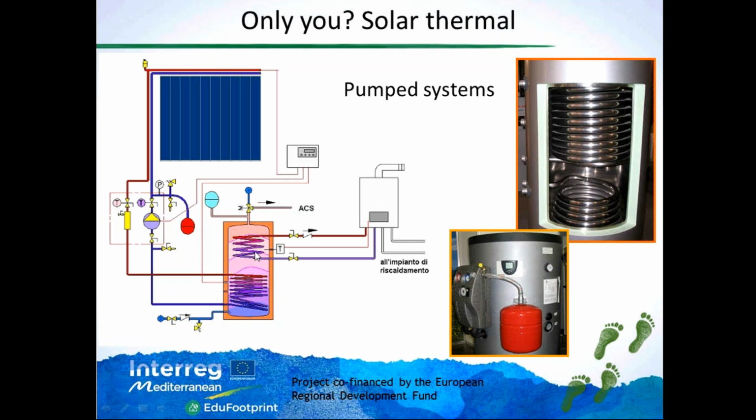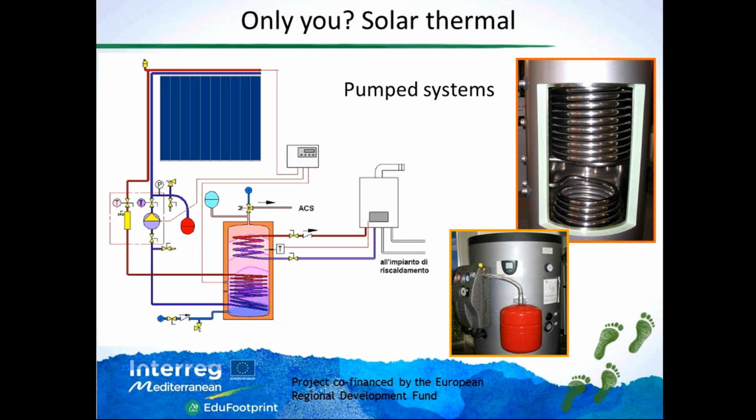So here you have a water storage, which is the water storage used for domestic hot water, for sending the domestic hot water to the user by this arrow here. So basically, you have this water storage where you have two heat exchangers. One of them comes from the solar part, and one of them comes from the natural gas boiler. So let's call it the conventional part.